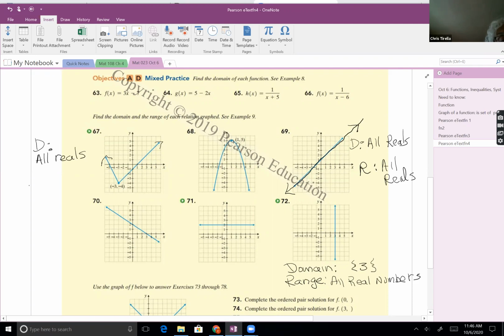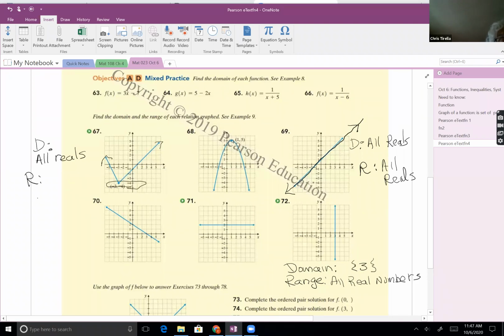But when I look at the range, I see that these arrows keep going up. But is there a lowest point? Is there a bottom? Well, as I look at it, the lowest y value is -4.